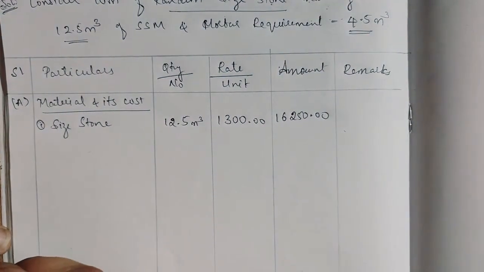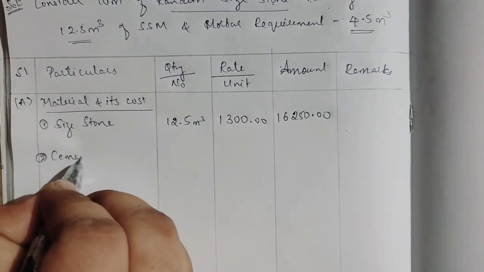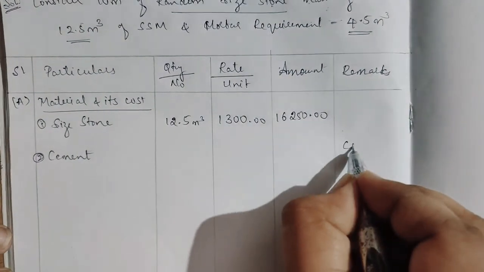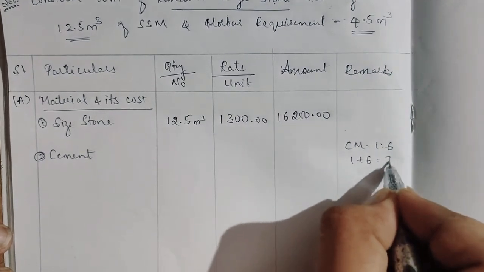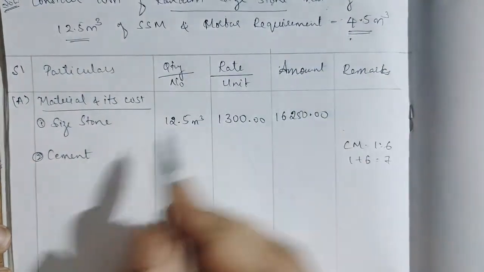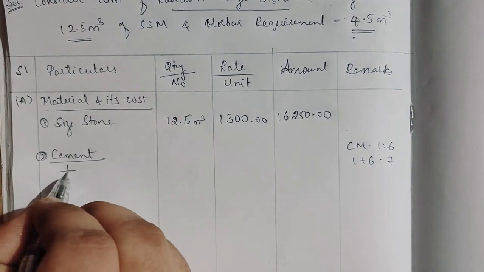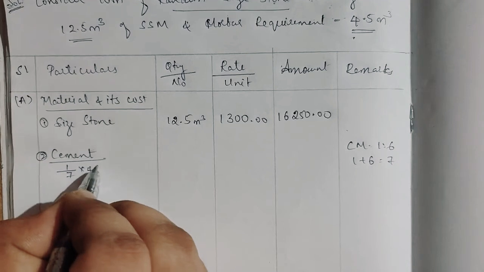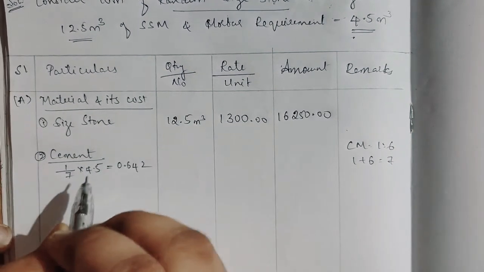Next we require cement. The ratio is 1:6, so 1 plus 6 is 7. The mortar requirement is 4.5, so 1 by 7 into 4.5 will fetch us 0.642.